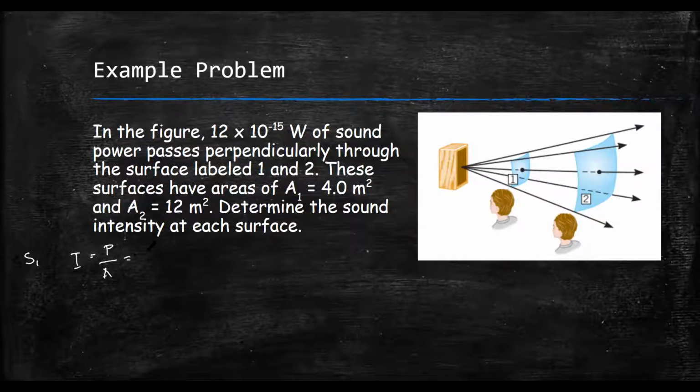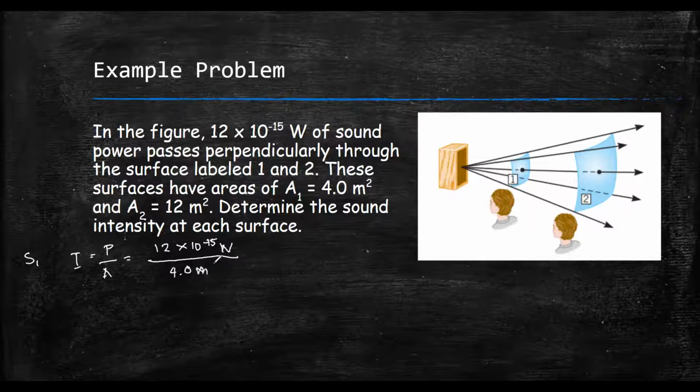Solving for the sound intensity by dividing 12 times 10 raised to negative 15 watts over 4 square meters. So the intensity is equal to 3 times 10 raised to negative 15 watt per square meter.